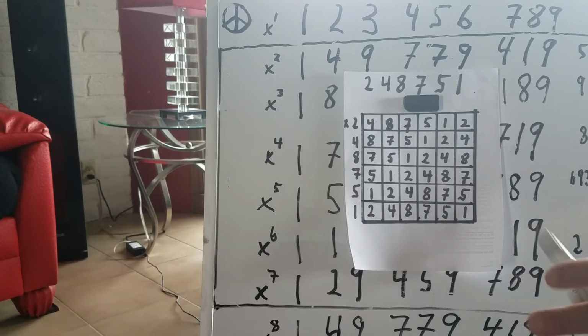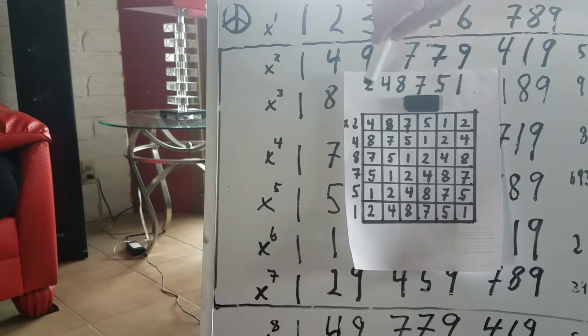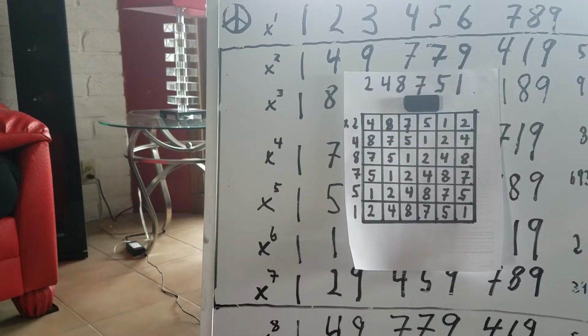And 1 times 4 reduces to 4. And if we just multiply each of these numbers by the code, by the code itself, we arrive at this interesting result. And this result is not a coincidence.